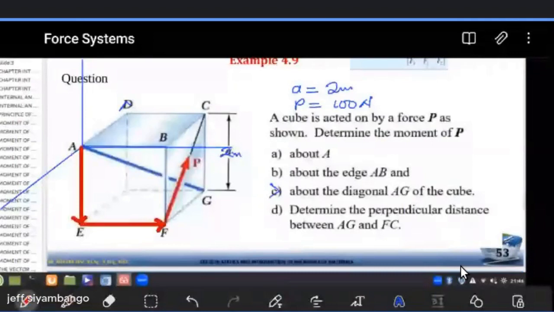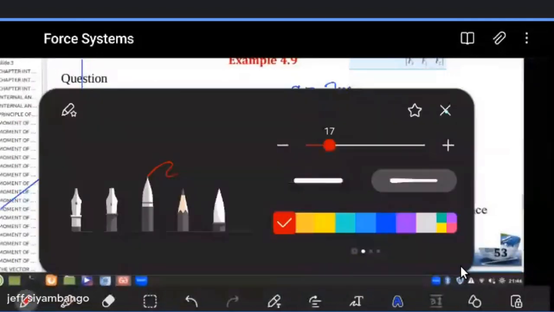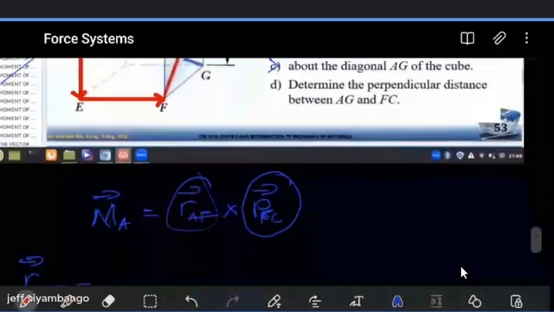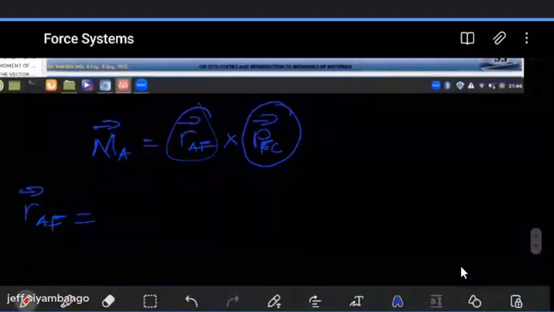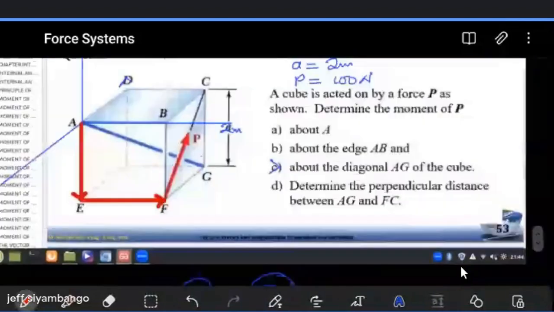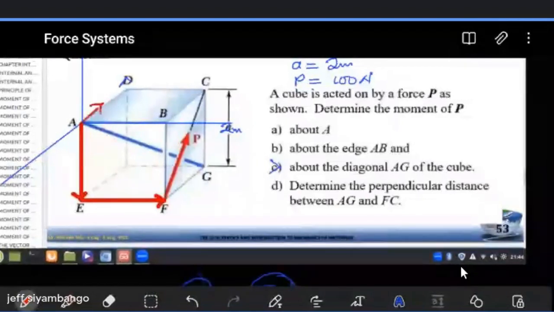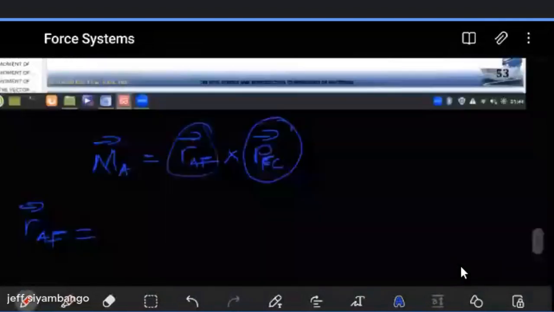So with this done, we can then come up with our position vector or displacement vector running from A to F. In the X, we actually don't do anything. We don't go in the negative X, we don't go in the positive X. So in the X-axis, we don't do anything. So that is a 0.